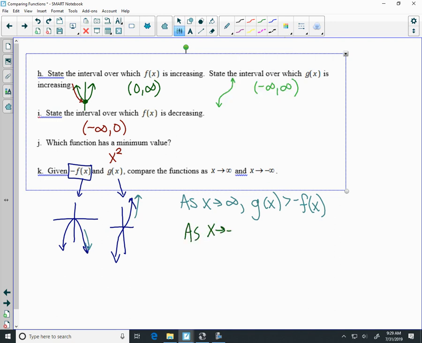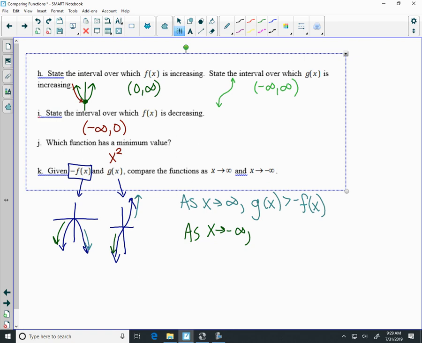As x approaches negative infinity, x cubed is going down forever, and x squared is going down forever. So we have to think here which is growing faster. If we put them on top of each other, which one of these graphs is going to be above the other?